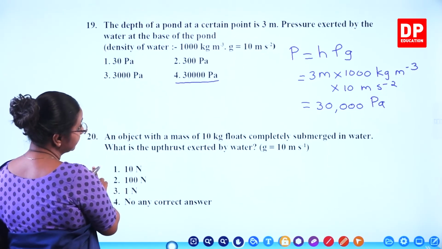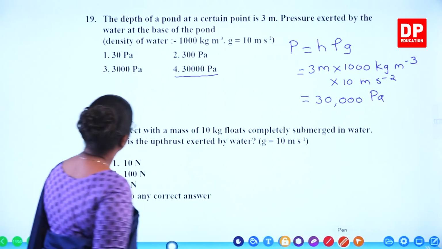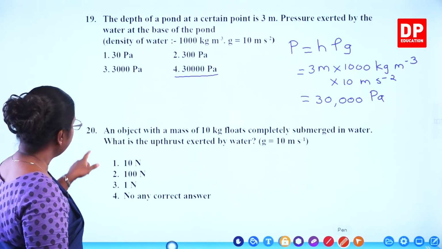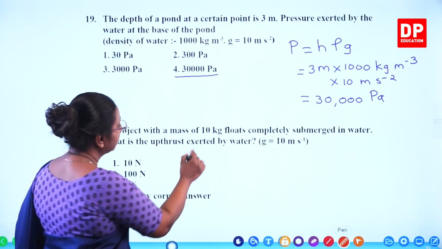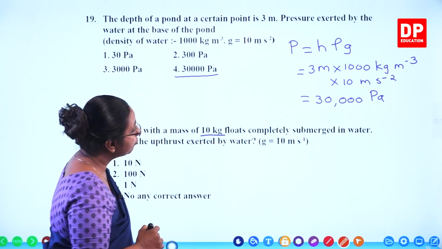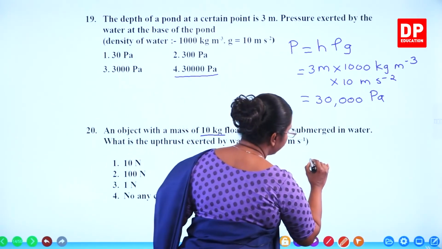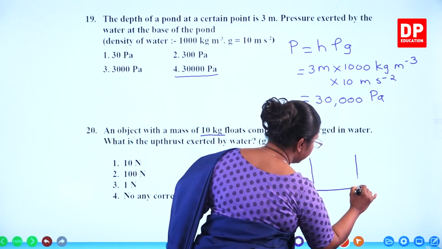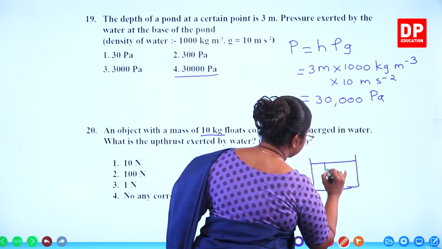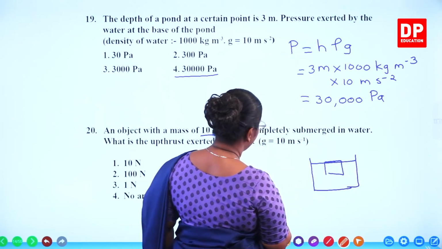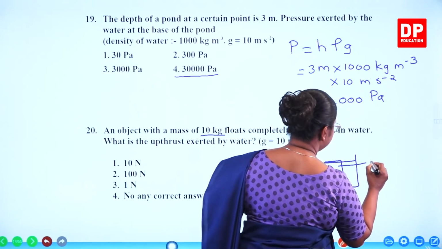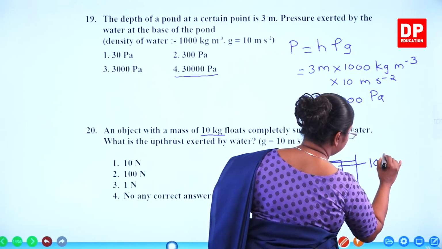Then the last MCQ, 20. An object with a mass of 10 kilogram floats completely submerged in water. So when they say floats completely submerged in water, the mass is given as 10 kilogram.